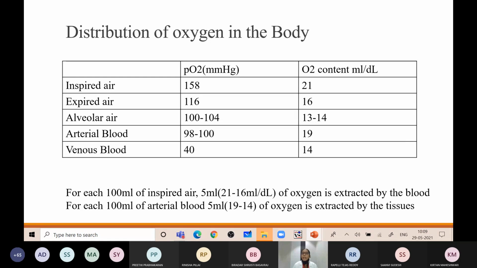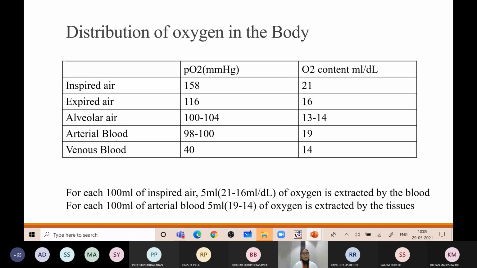DL is nothing but deciliter, or 100 ml. For expired air, partial pressure of oxygen is 116 mm of Hg, whereas the oxygen content is 16 ml per dL. Then alveolar air: the partial pressure of oxygen is 100 to 104, whereas the oxygen content is 13 to 14 ml per dL.